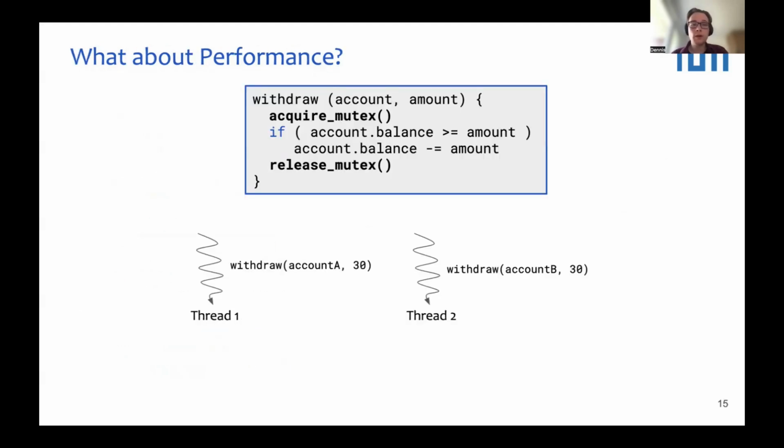So then, of course, you could ask the question, well, what about performance? What if we have multiple bank accounts and we have only a single mutex? Let's say there are two bank accounts, A and B, and we of course want to guard this critical section, but should withdrawing money from bank account B wait for withdrawing the money from bank account A?